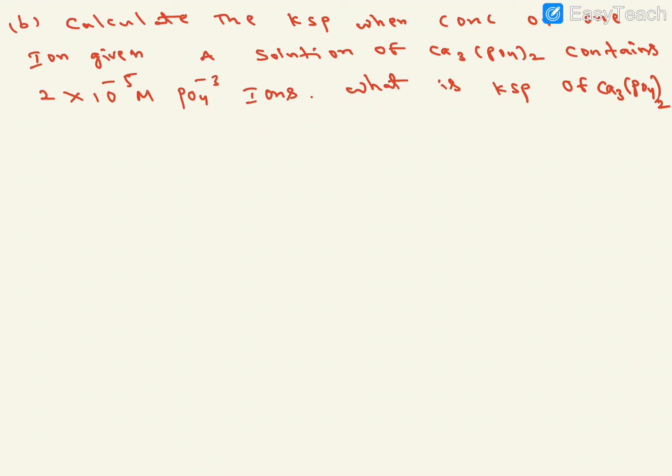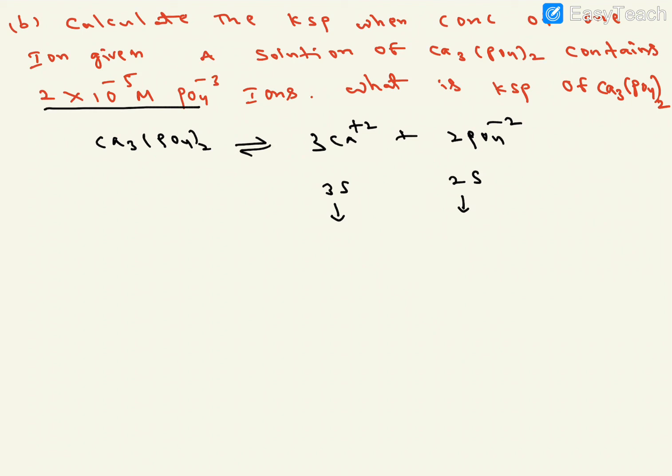Here they are giving calcium phosphate, Ca3(PO4)2, which dissociates into 3 calcium ions plus 2 PO4 3 minus ions, right? So here the solubility is 3S for calcium and 2S for phosphate. They are giving the phosphate ion concentration.